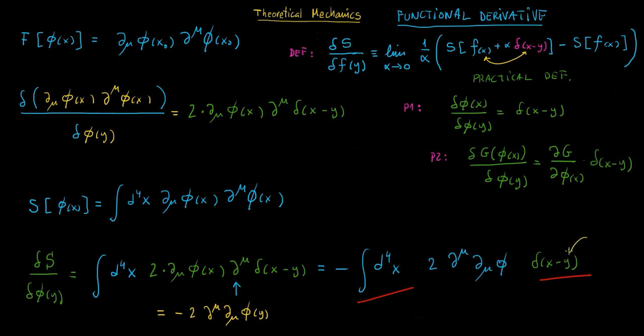This is an important thing, and that's it. This is the functional derivative. You can put here property 3 if you want.